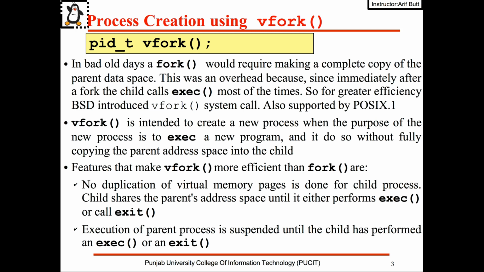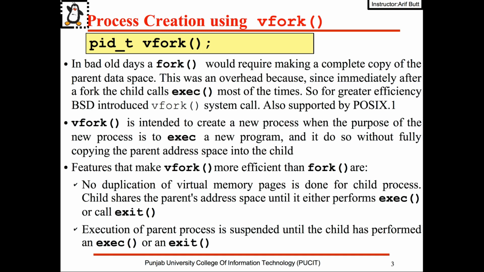Well, dear students, the fork system call appeared in the very early versions of the Unix kernel. Consider a shell program. Every time a user executes an external command, the shell does a fork to copy its entire address space in the child process, and immediately after that does an exec system call to override the child process address space with the code of the external command to be executed.